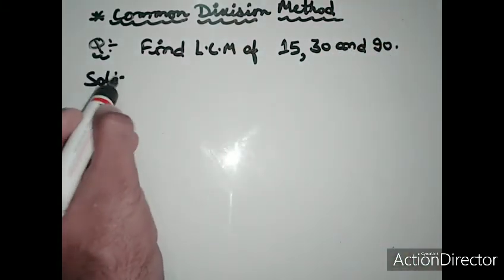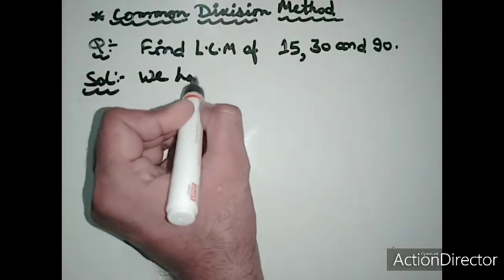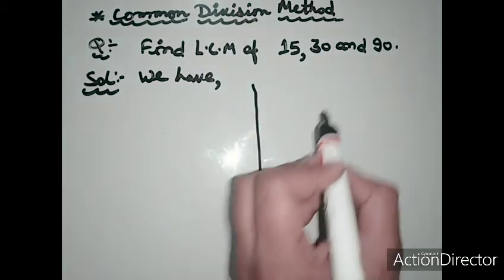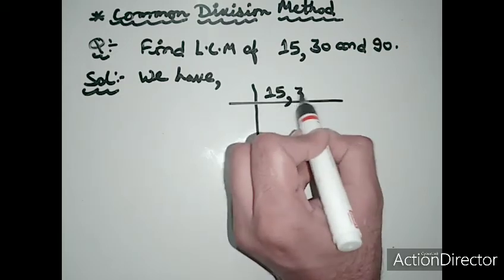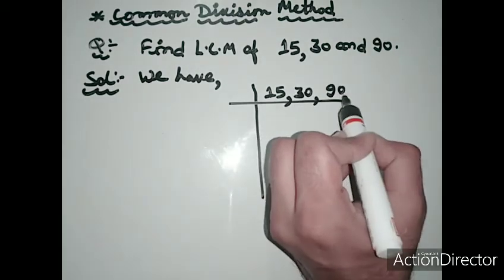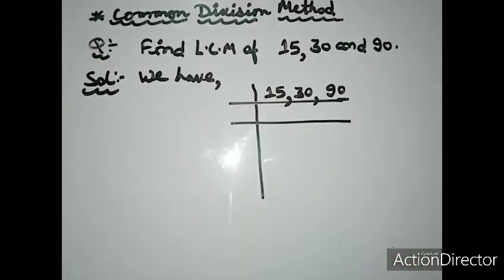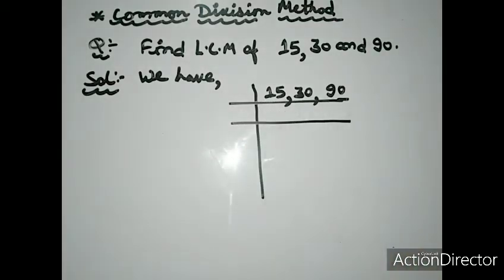Okay, so here we write 15, 30 and 90. What we do here: first we divide all the numbers by 2.